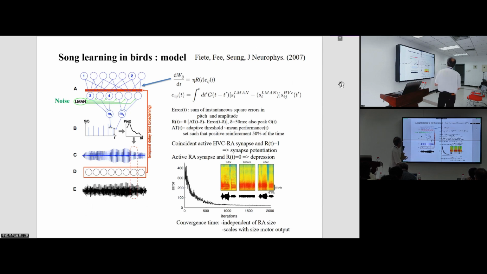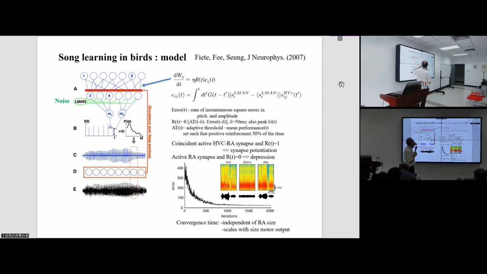The way it was first proposed is that there were synapses that grow or retract, and then Ila Fiete, Sebastian Seung and Michael Fee proposed that this area directly perturbs the area RA, and they developed a model where they could implement that.